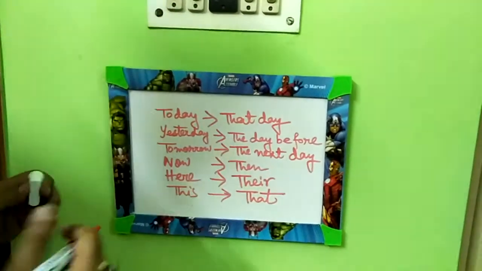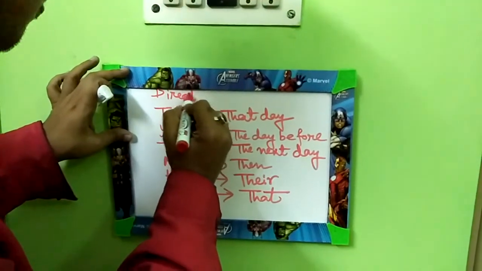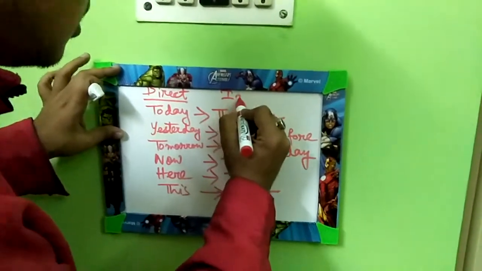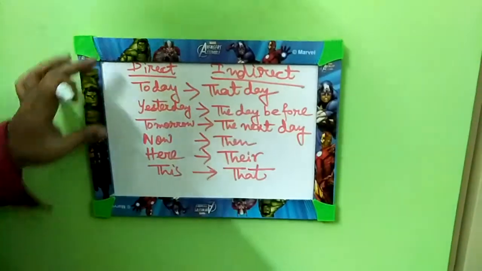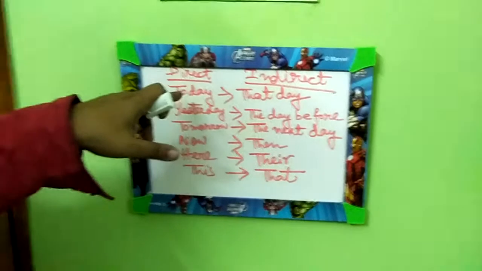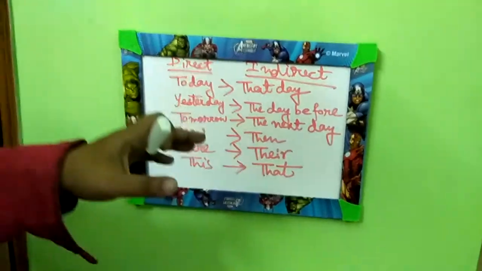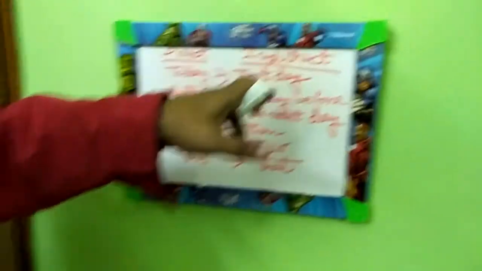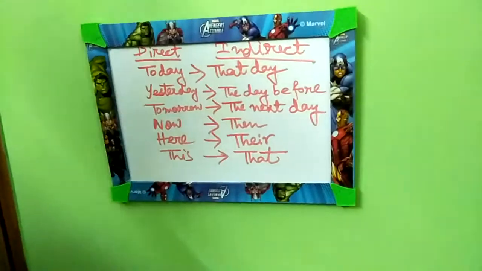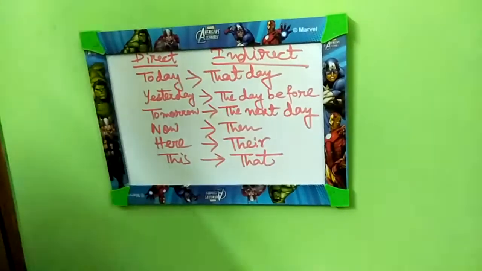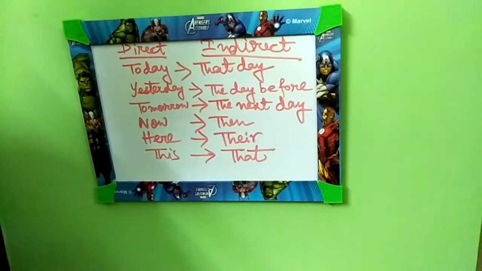So now, if the direct sentence is in past tense, and in the direct sentence these adverbs are given, then at the time of converting those sentences to indirect, these adverbs will take the following changes. For example, today becomes that day, yesterday becomes the day before, tomorrow becomes the next day, and so on.